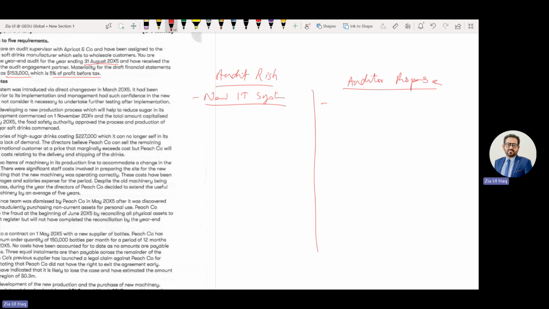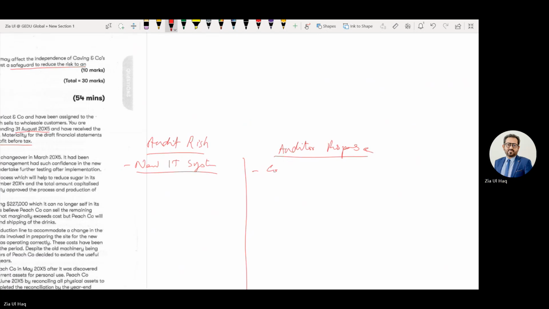We can compare computerized data with the manual data to identify any differences that need to be investigated. So compare manual data with automated data, meaning system data, to investigate the identified differences.